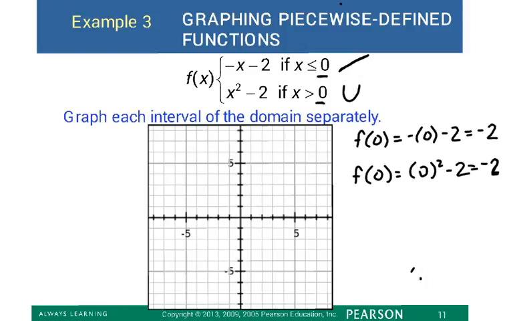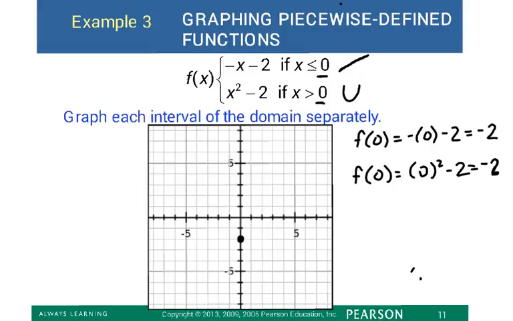So they begin and end at the same point. 0, negative 2. And I'm going to put a filled in circle right here because this part of my function says that x is less than or equal to 0.